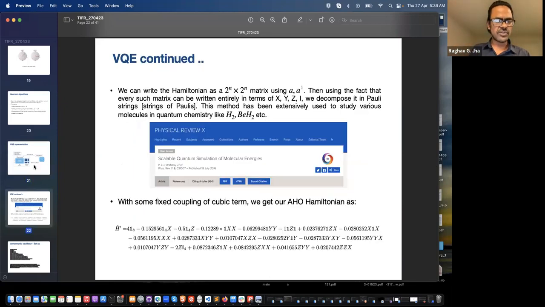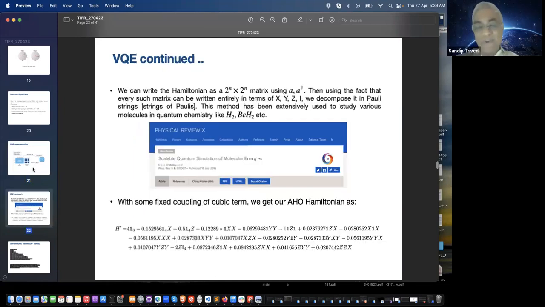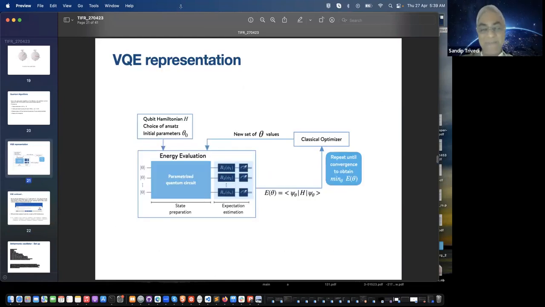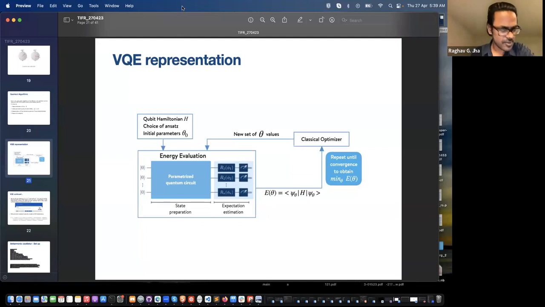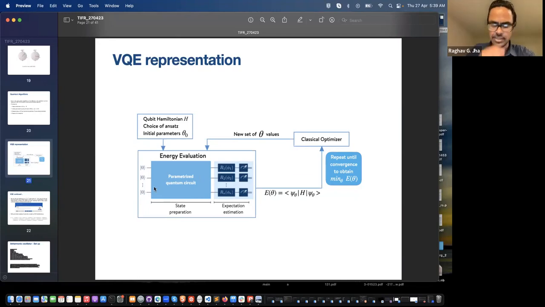So one of the things we need is the qubit Hamiltonian, a choice of ansatz, and some initial parameters. Sorry to interrupt you again, Raghav. Those R1 to Rn are the same single qubit gates you had introduced earlier, right? Yes, they're single qubit rotation gates by some angle.